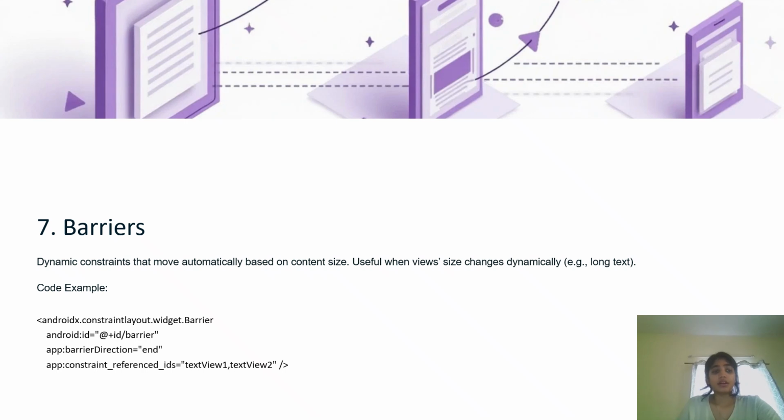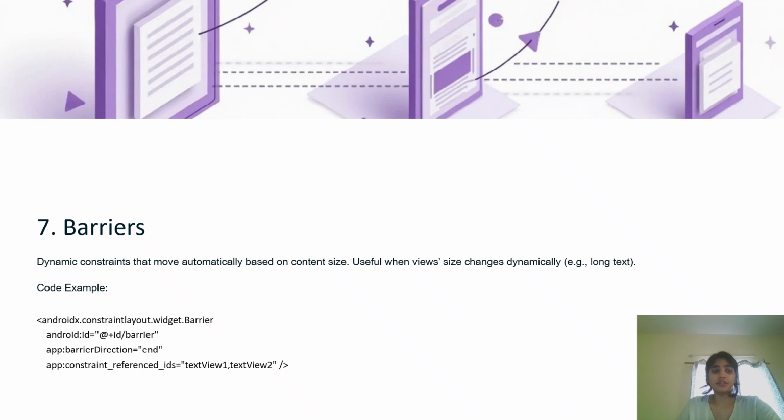Next, app barrier direction defines the direction the barrier works in. End means the barrier will be positioned at the end of all the reference views. Start means the left edge of the reference views. End means the right edge of the reference views.